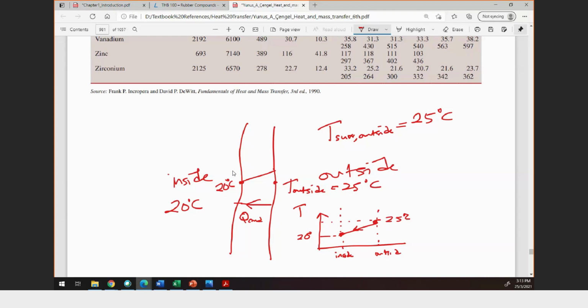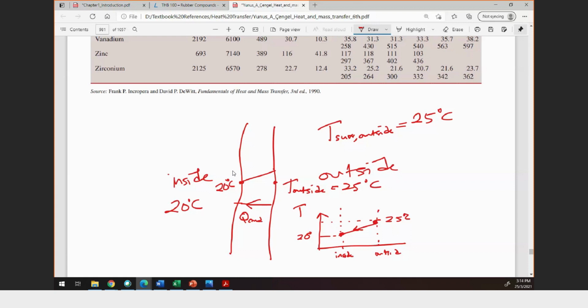But in that particular problem, we only focus on the heat transfer received or produced by the person. We are not really bothered about the wall or the layer of the room, as long as our system is the person, not the room.